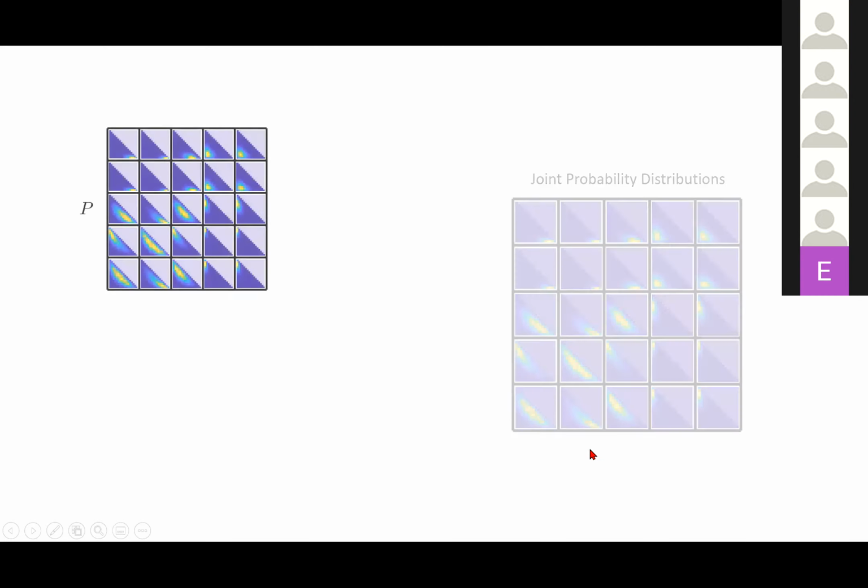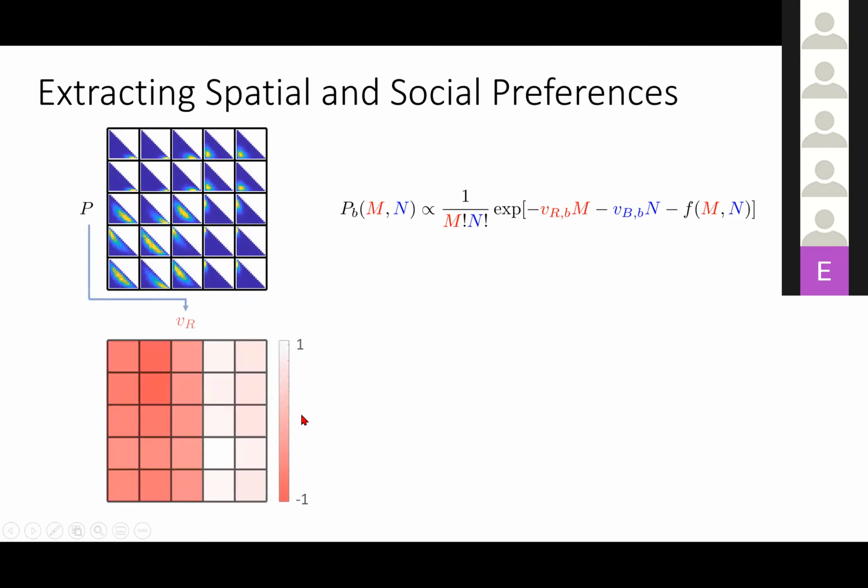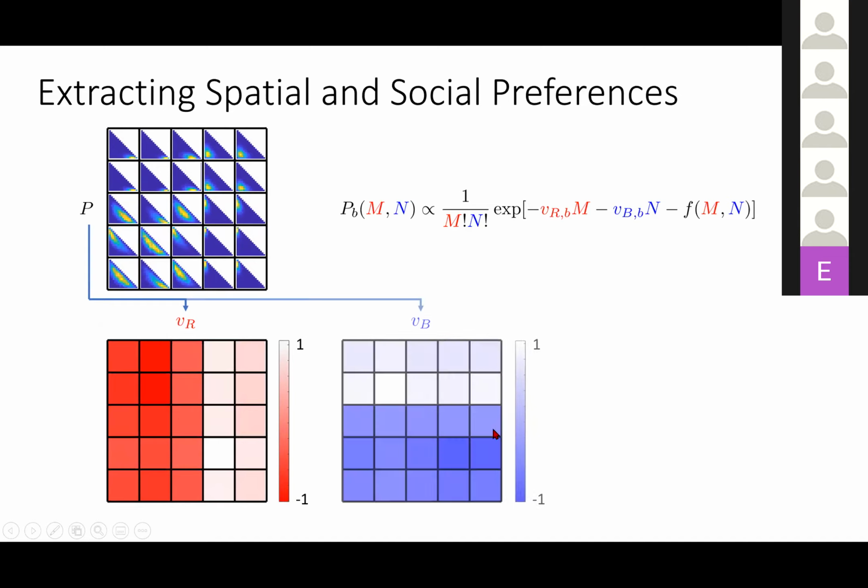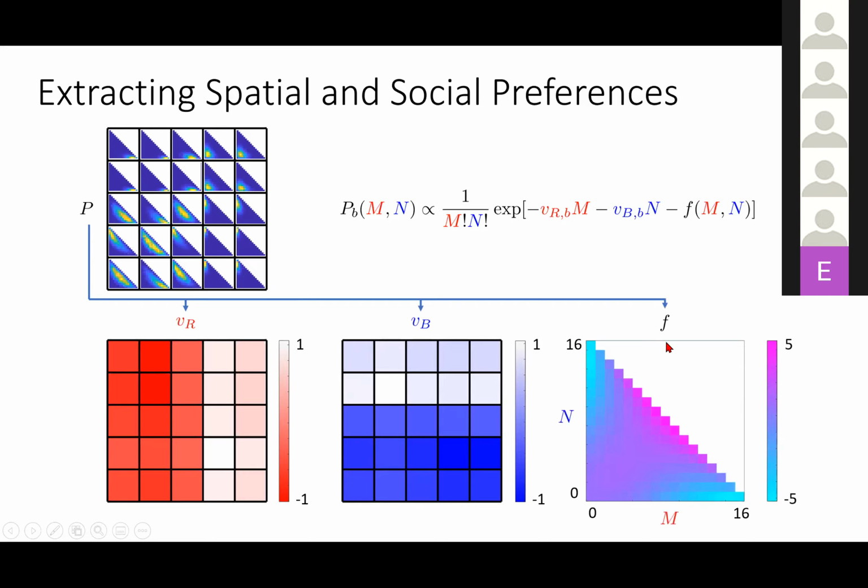From these distributions, and with this equation, we can extract a potential for red, which tells us that red people prefer the west of the city, and a potential for blue, telling us blue people like the south of the city, and the frustration. This frustration tells us that the level of frustration in a block is low when the block is filled with mostly blue or mostly red, but the frustration is high when we have an equal number of red and blue.